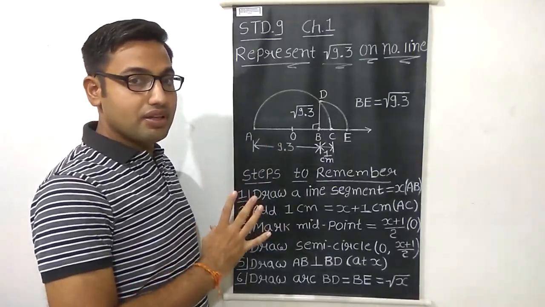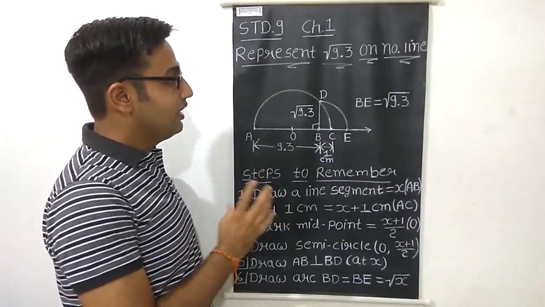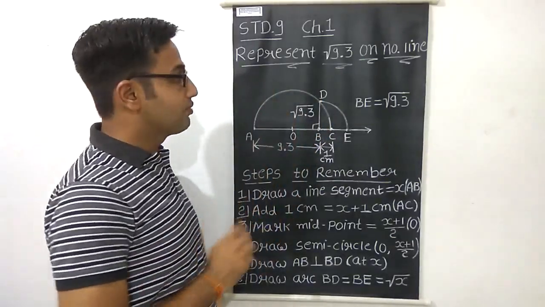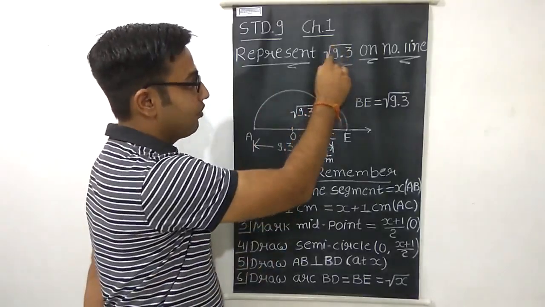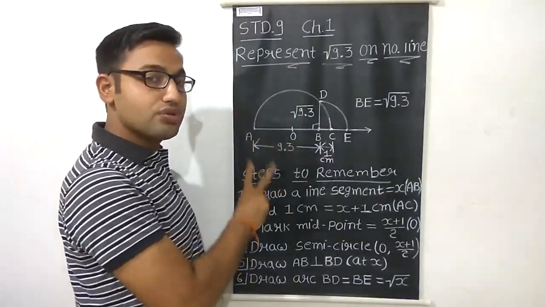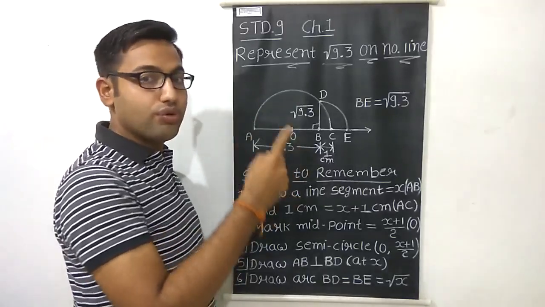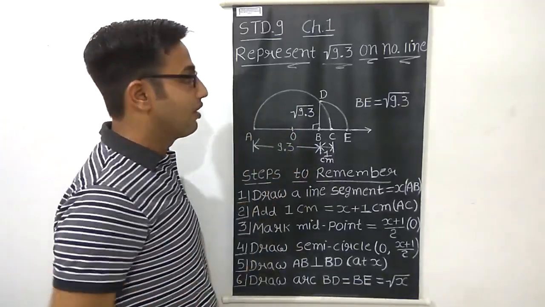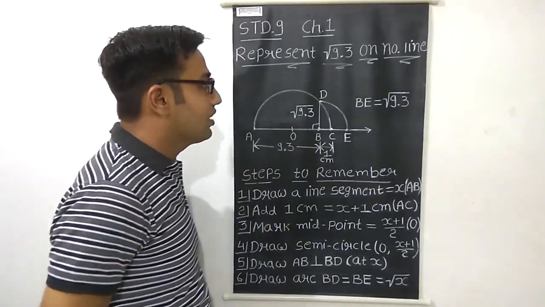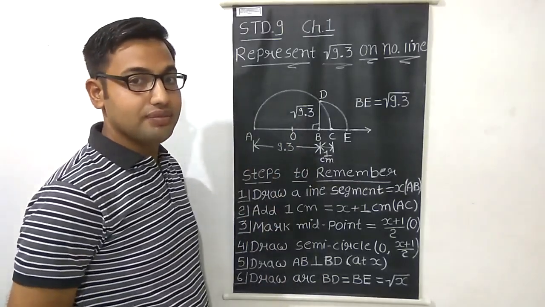The spiral method is useful only for root 2, root 3, root 4, that kind of numbers. But for decimal numbers, we have to use this method, and this method is also useful for root 2, root 3, root 5. So this is all about representing root 9.3 on the number line. Thank you.